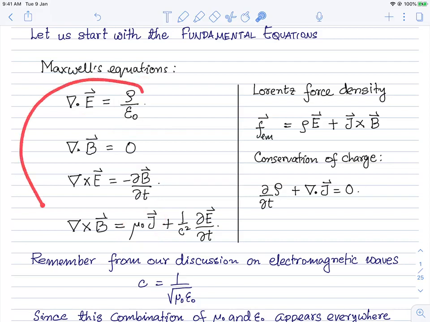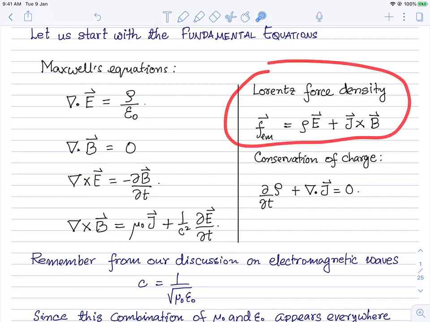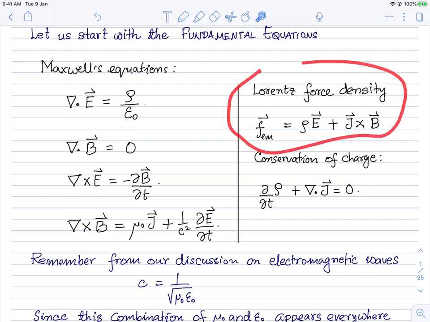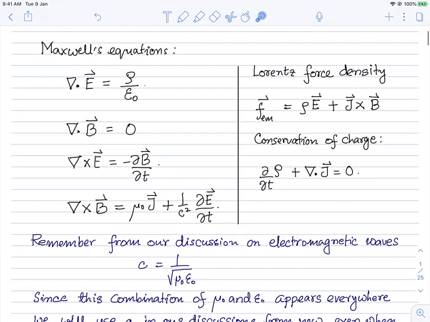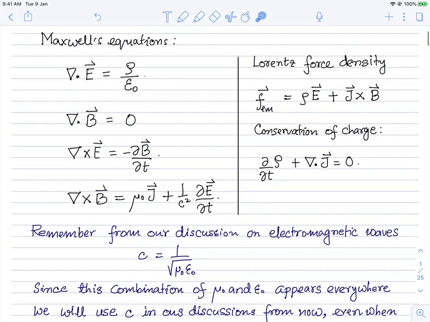Apart from this, the set of fundamental equations also includes the Lorentz force law, which tells us the force experienced by the charges when they are exposed to some electric and magnetic field. Here I have written it in terms of a density, which you can integrate to know what the force is. This we have seen before.